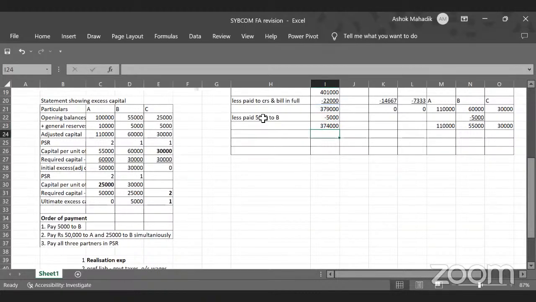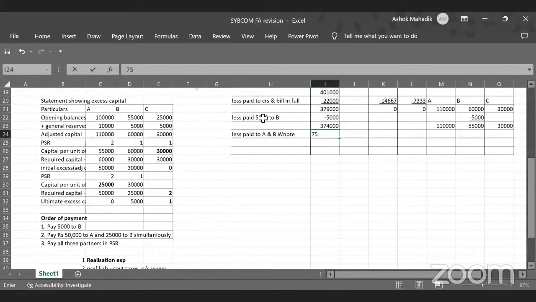Now look at the second order of payment. It says pay 50,000 to A and 25,000 to B. So 50 plus 25 is 75. So I'll write less pay to A and B. Refer to working note. So in total we have to pay 75,000.